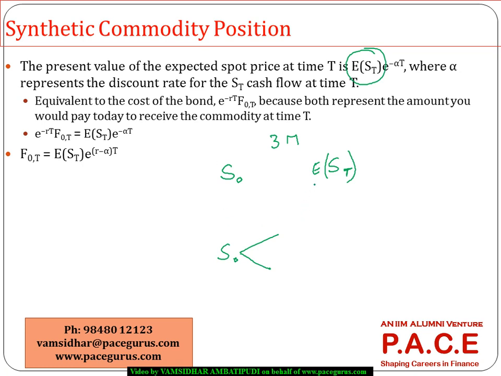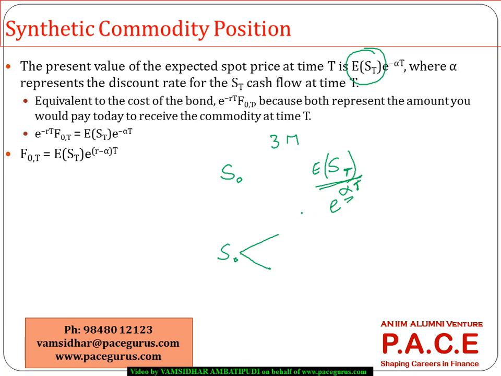So whatever is the expected future price or expected spot price at a future date, after 3 months, whatever is the expected price of this commodity, I'll discount it by some discount rate, continuous compounded rate. I'm not using the risk-free rate for discounting. I'm using a different rate for discounting because the rate of return that is expected on holding a commodity could be different from risk-free rate, because it might be a risky security.